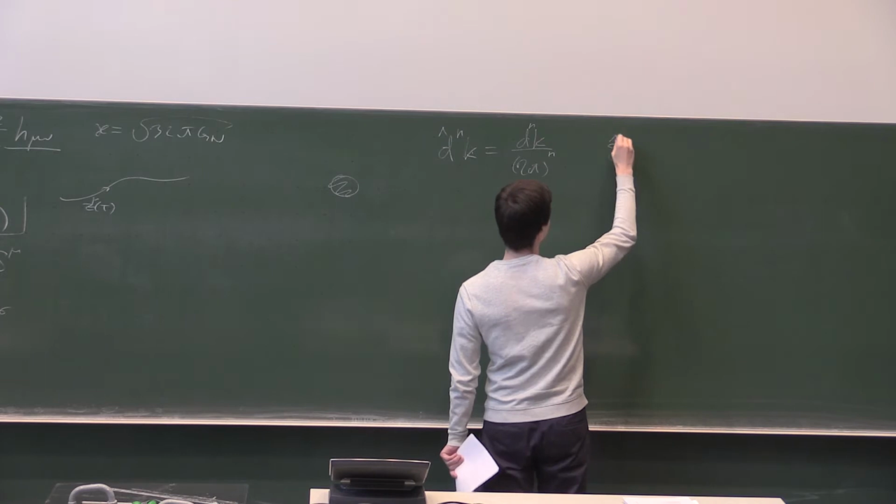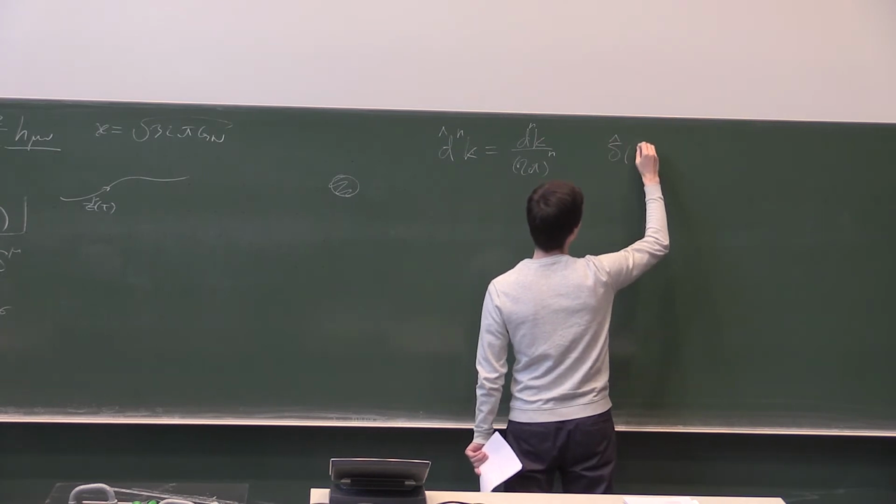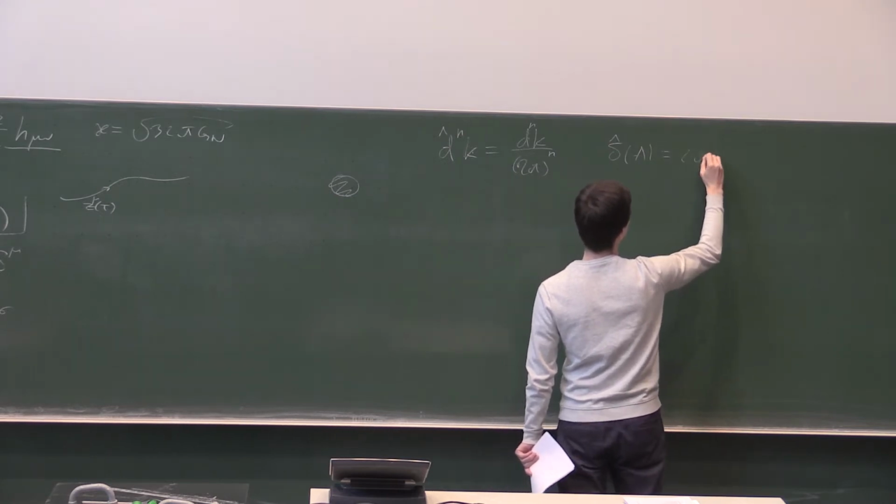And when there's a hat on a delta function, that's just 2 pi.